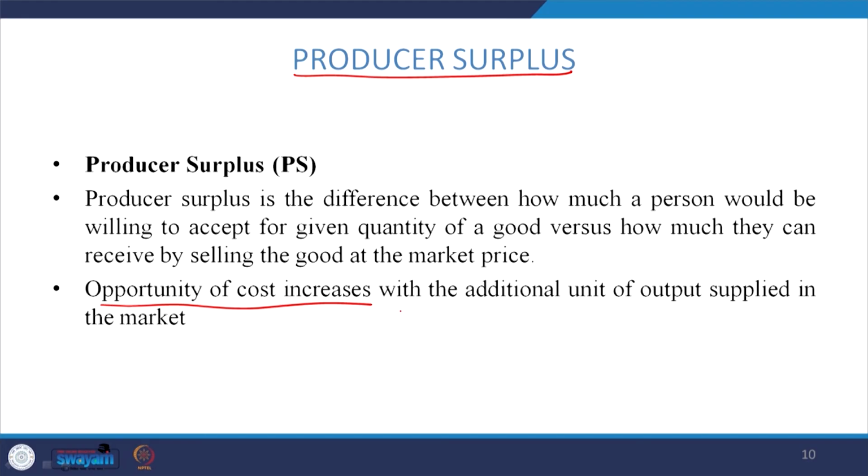So, marginal cost, MC, rises after a particular point, and most of the managerial decisions are taken above the point where marginal cost is having a positive slope, and marginal cost is actually the supply curve of a firm. So, since the supply curve is rising, this rising supply curve clearly indicates that an additional unit of output can be supplied by the producer only when the price is increasing.